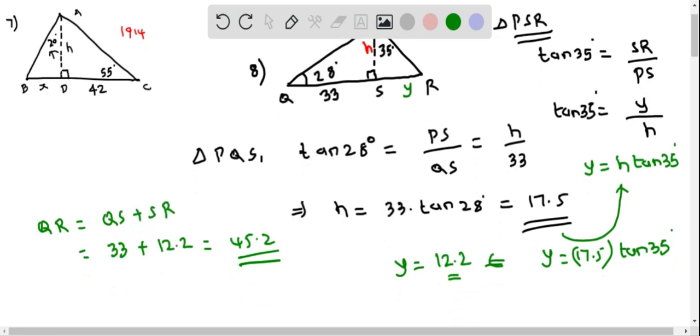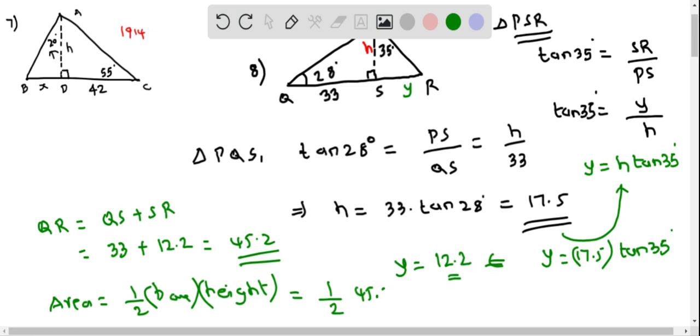We can find the area as half base times height, which is the formula for the area of a triangle. Replacing the base 45.2 and the height 17.5, when we put this into the calculator, we get 395.5.